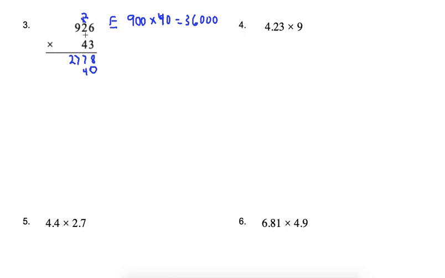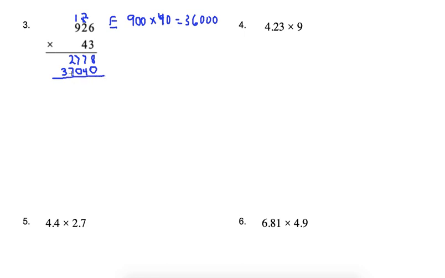4 times 2 is 8, plus 2 is 10, so we put down the 0. Carry the 1 up here. 4 times 9 is 36, plus 1 would be 37. And put that down here.